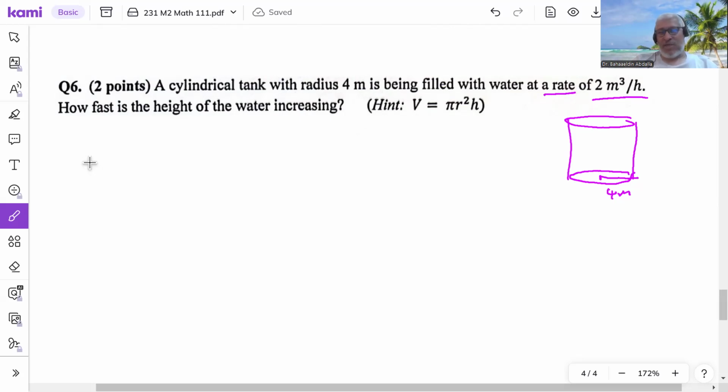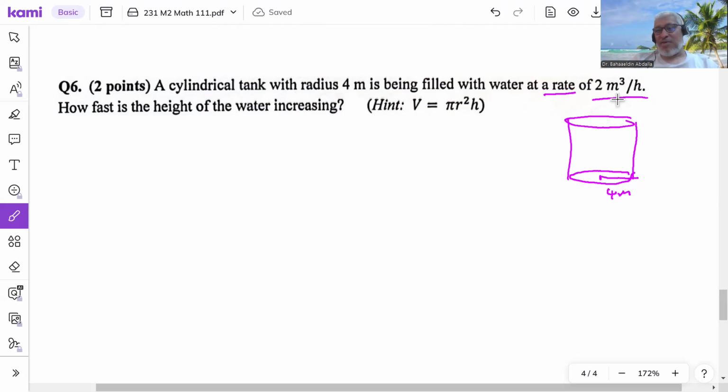Rate means derivative. So rate means dy by dx. What is y and what is x here? Well, what is changing here when you fill the water? The volume of the cylinder is changing and the height of the water is changing. Notice that the radius of the water is not changing here. If you fill it with water, I reach here, for example, so the height would be here, then the height would be here. The height and the volume of the water are changing.